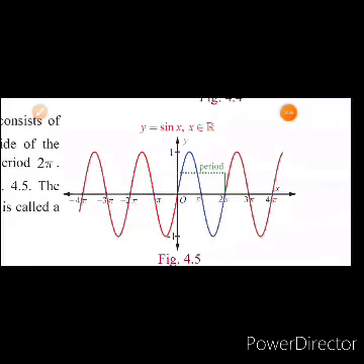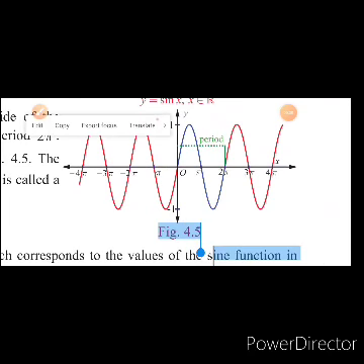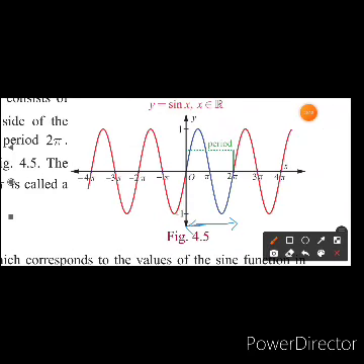My dear students, this is the sine curve. This sine curve starts at sin 0, 0, and goes up in a wave. This is the period. Here also we mention 0 to 2 pi. For sin x it is 0 to 2 pi, otherwise for tan x it is 0 to pi.